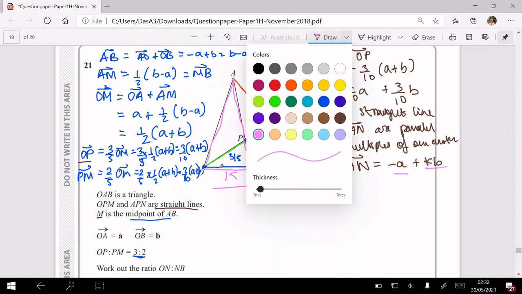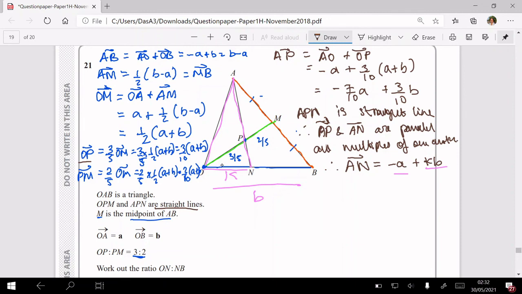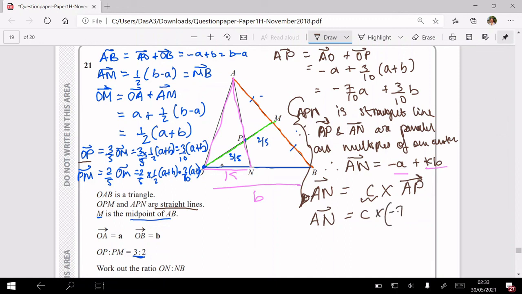And we can write the vector AN using another fact, which is AN can also be written as C times AP. This is why we're using this fact to write this equation. Because AP and AN are parallel, they have a multiple which is C. So AN is equal to C times (minus 7/10 A plus 3/10 B).